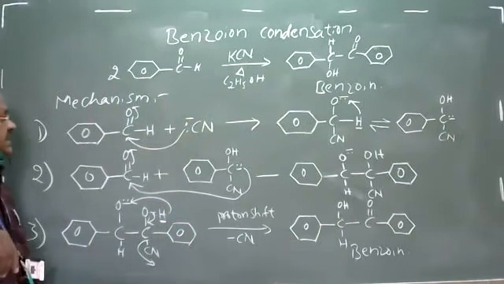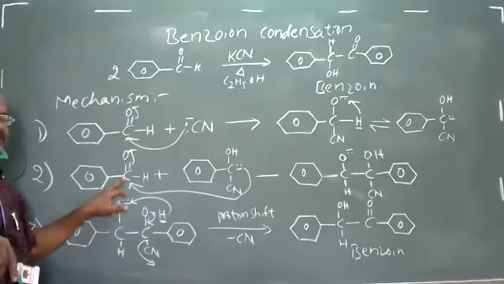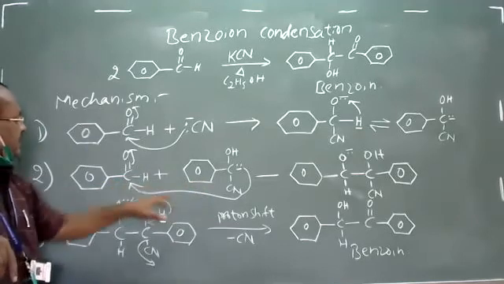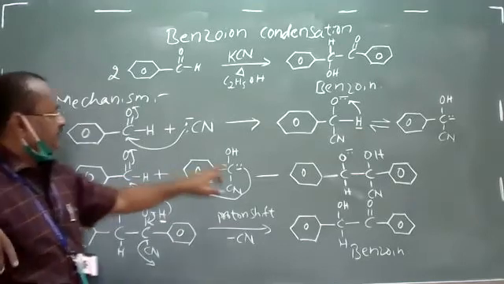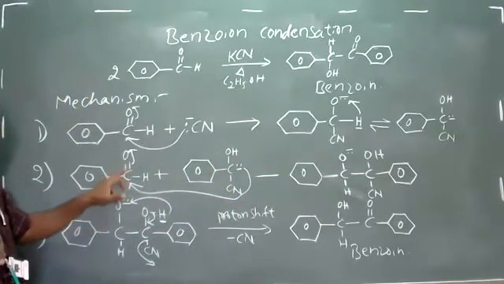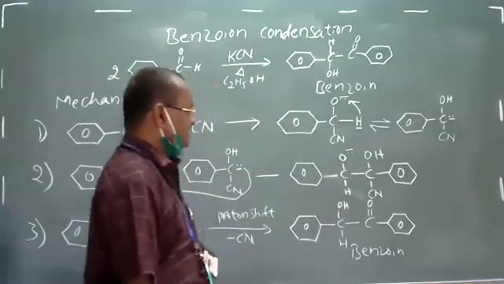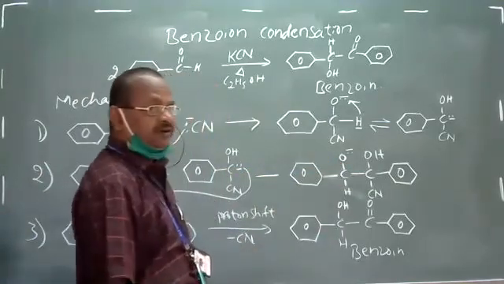So that carbon anion which is generated in step 1 is going to attack the carbonyl carbon of one more molecule of benzaldehyde. When it attacks and forms a bond with this carbon by using this pair of electrons, the pi bond electrons between oxygen and carbon will move towards oxygen to form once again an oxide ion.